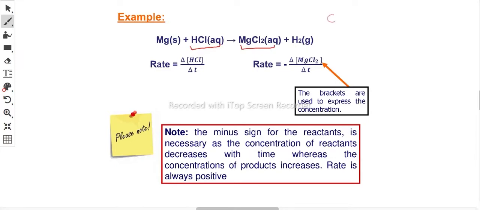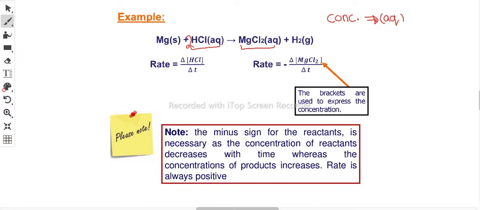When talking about concentration, I need to remember the use of aqueous as a state. So according to my balanced equation, I cannot follow the concentration of magnesium since it's a solid. I also cannot follow the change in concentration of hydrogen since it's a gas.